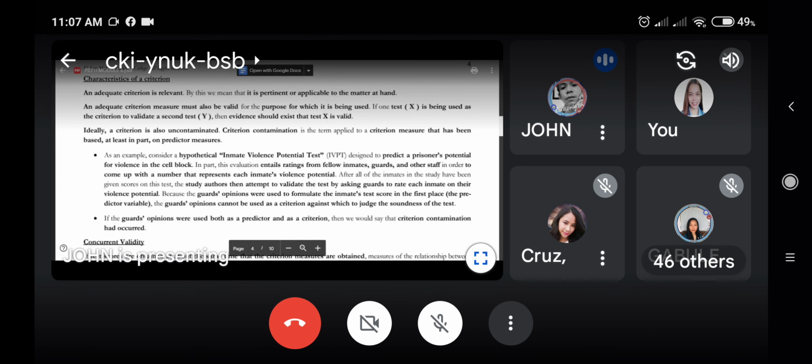An adequate criterion measure must also be valid for the purpose for which it is being used. For example, if one test or X is being used as the criterion to validate a second test, then the evidence should exist that the test X is valid. It means that when we are developing a criterion measure, then it must also be valid.